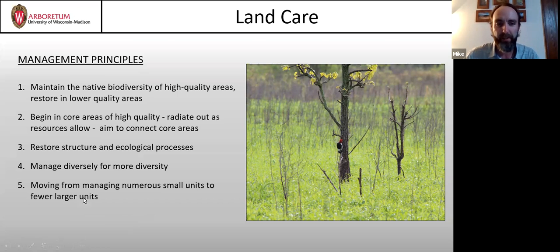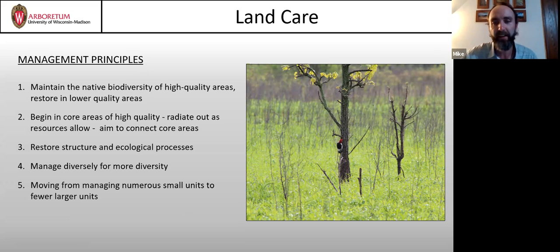And then we're really starting to move from managing numerous small units to fewer larger units. So the way the Arboretum was originally designed and established, starting back in the 30s, were all these small, little plant community types and small parcels. And so we're trying to reverse, you can imagine that leads to a lot of fragmentation on the landscape.